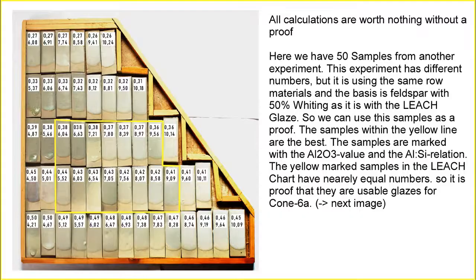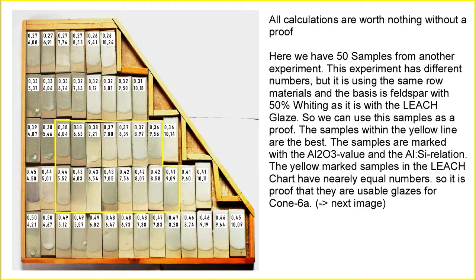All calculations are worth nothing without a proof. Here we have 50 samples from another experiment. This experiment has different numbers, but it is using the same raw materials, and the basis is feldspar with 50% of whiting, as it is with the LEACH glaze. Here we can use this sample as a proof.